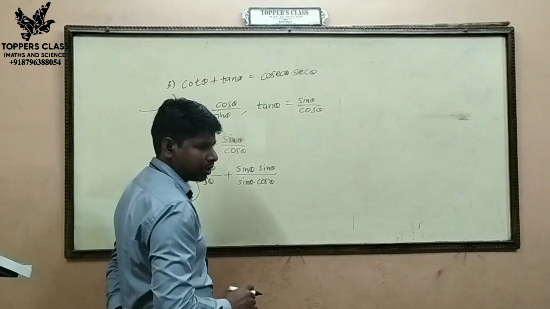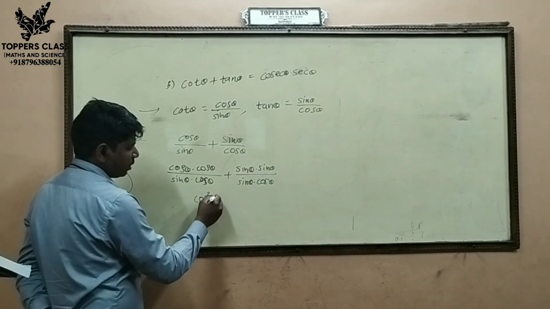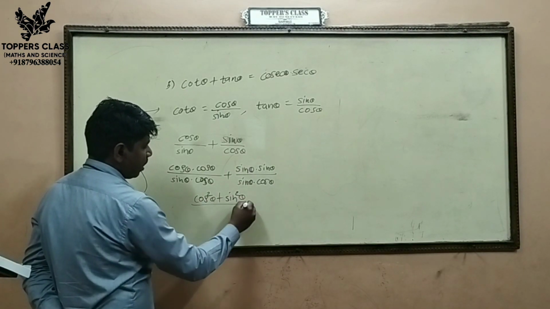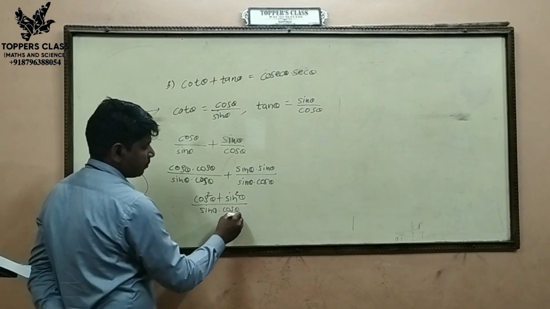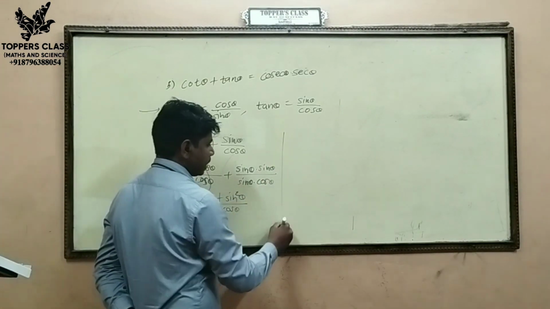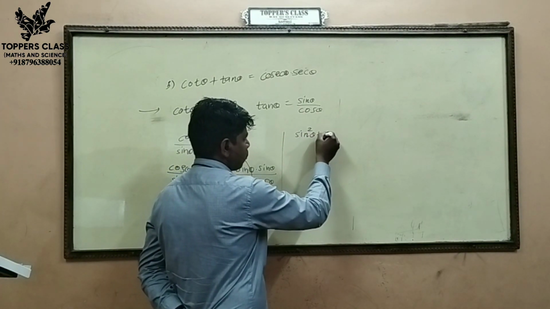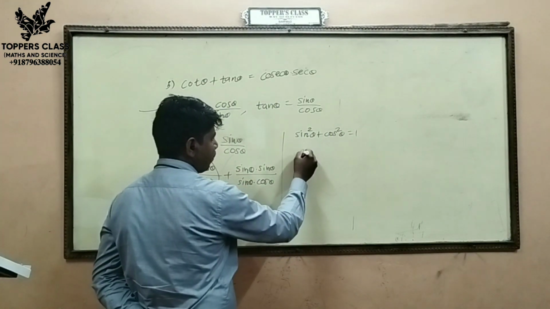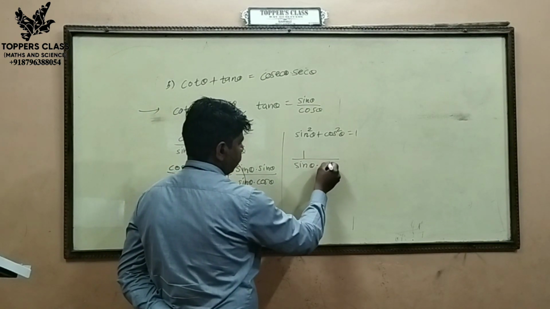Cross multiplication we have done here. Now cos theta into cos theta, cos square theta, plus sin into sin, sin square theta upon sin theta into cos theta. Now we know the identity, sin square theta plus cos square theta is equal to 1. So 1 upon sin theta into cos theta.